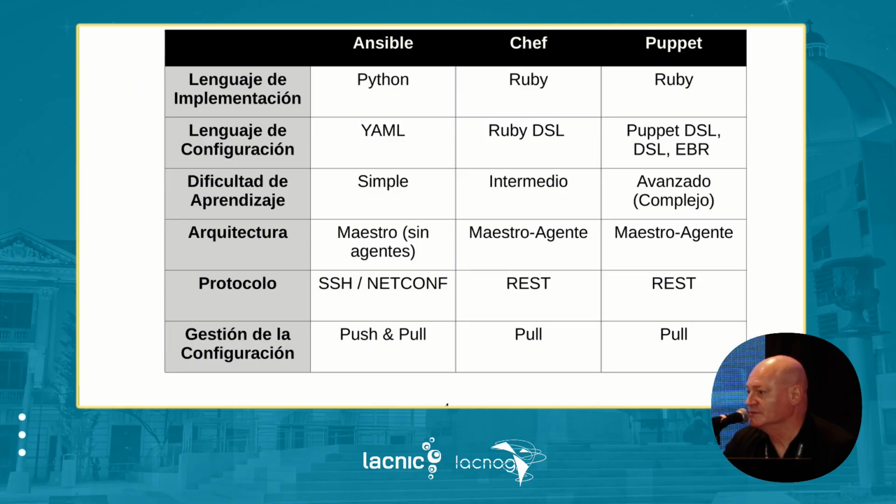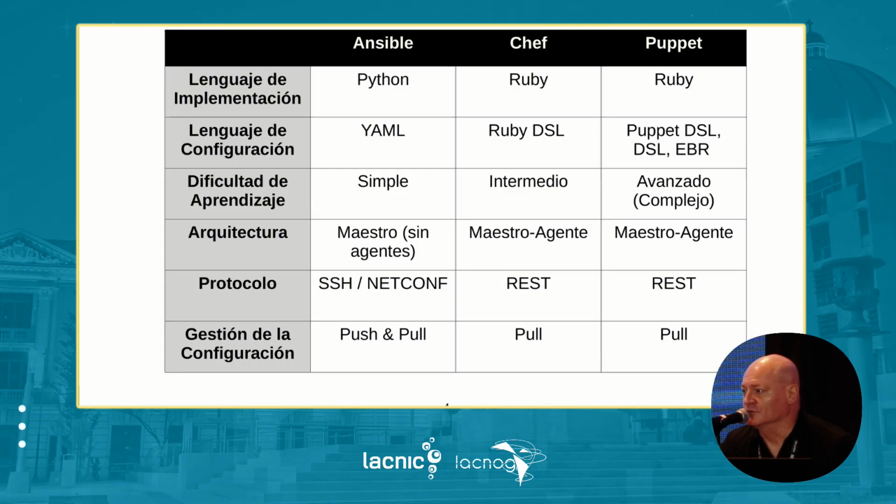In the case of three of these tools, namely Ansible, Chef, and Puppet, we have a table here reflecting the main features of each of the options. There are many more, but the main ones are the implementation language. Ansible uses Python, Chef uses Ruby, and Puppet uses Ruby too. Then you have the configuration language.